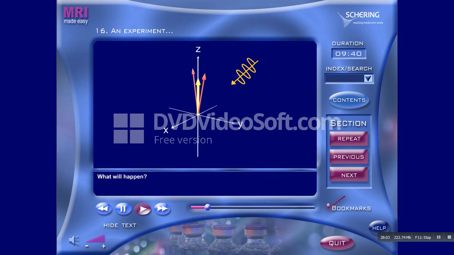To find out, just activate the RF pulse by clicking on it.